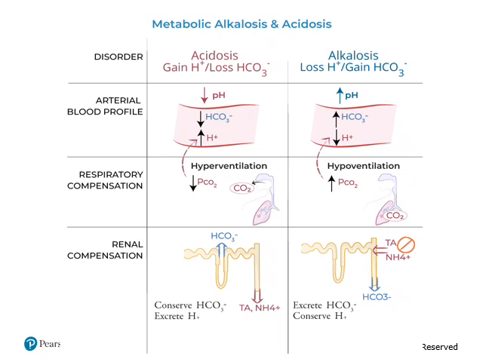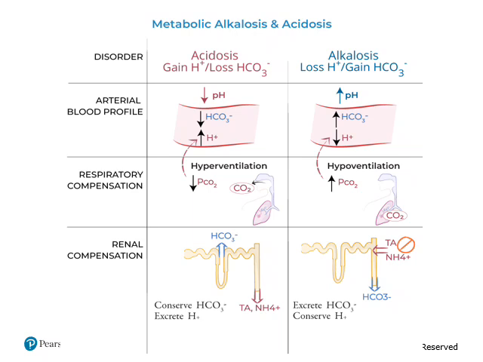Again, instead of respiratory acidosis and alkalosis, we are now going to get into the understanding of metabolic alkalosis and acidosis. Metabolic acidosis results in low blood pH and bicarbonate.